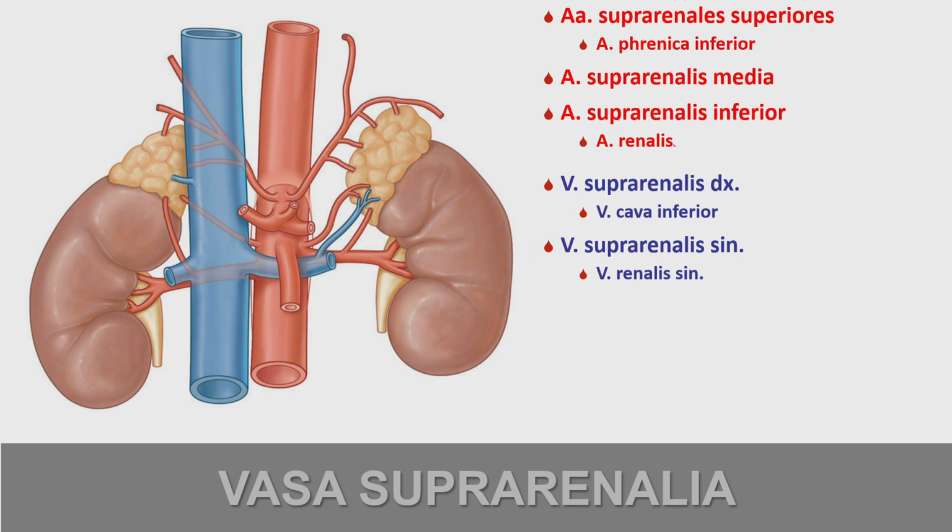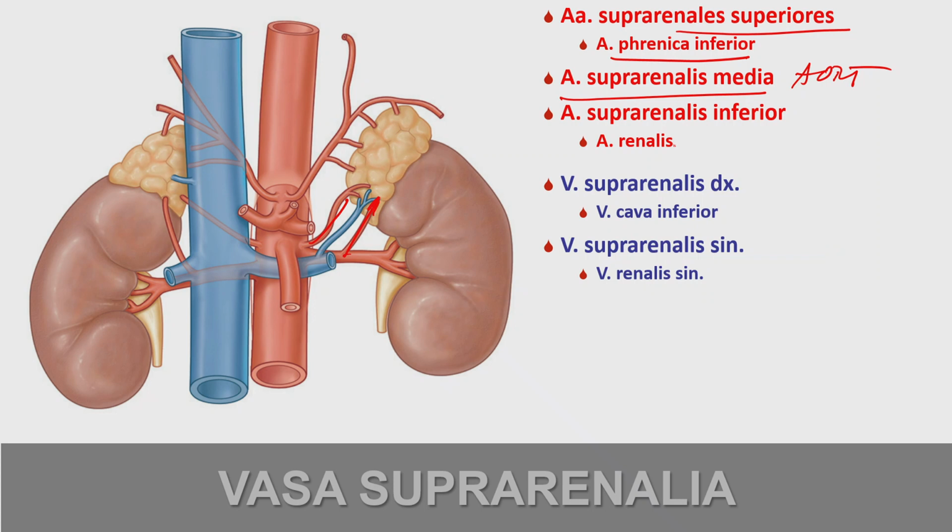Suprarenal vascular supply. Adrenal glands have three sources of arteries. One is suprarenal superior from the inferior phrenic artery. The second is originating directly from the aorta. It's a medial. And then we have inferior, which is lower, and it's arising typically from the renal artery.